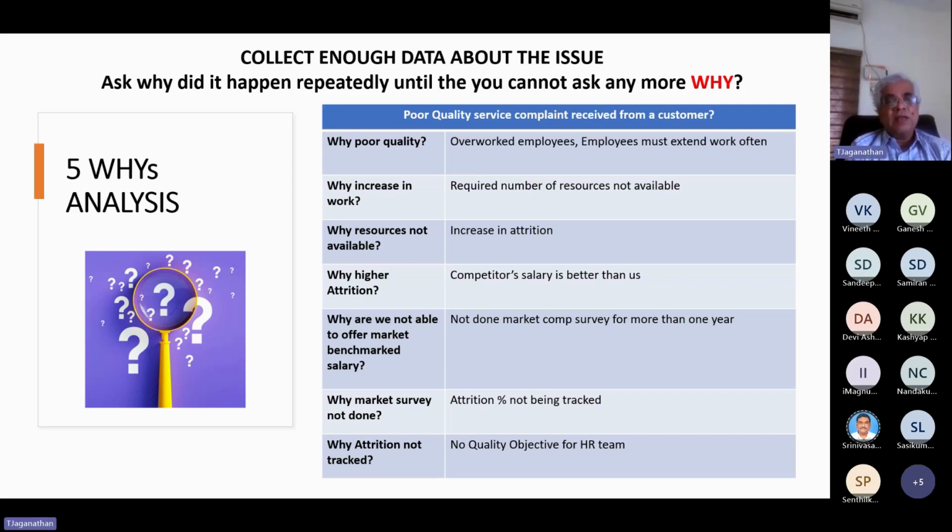Okay, so instead of 5 whys, it has taken 1, 2, 3, 4, 5, 6, 7. Doesn't matter. If it takes 10 also, I don't mind. Okay. So for a problem with poor service for a four-wheeler, the root cause is not the parts, components, or skill set of the employee, that they need to be trained.